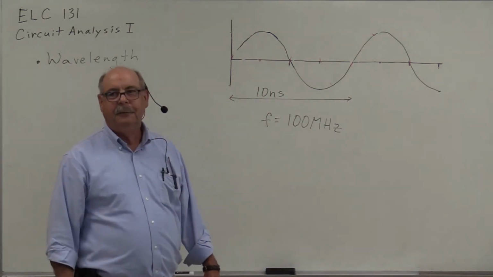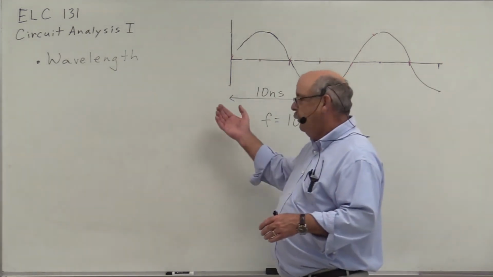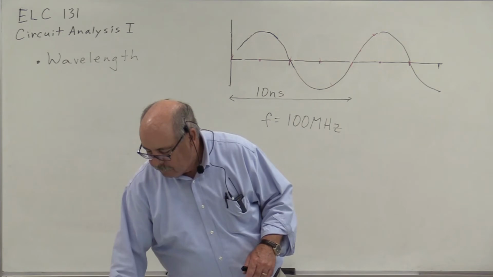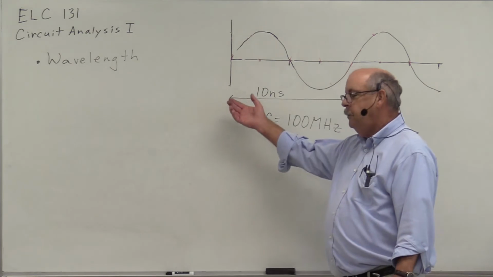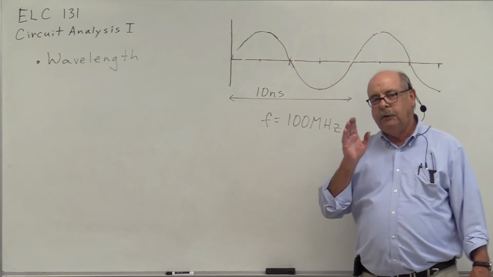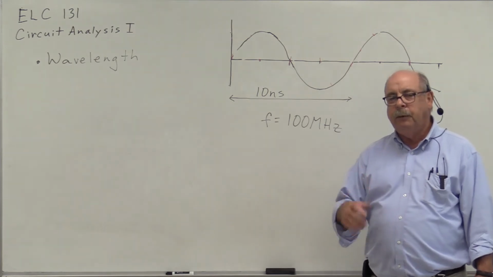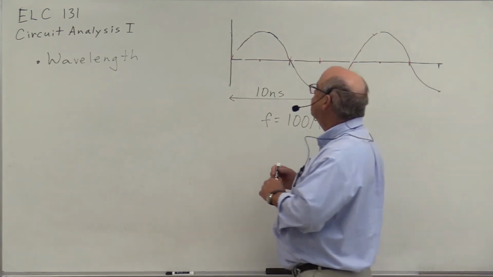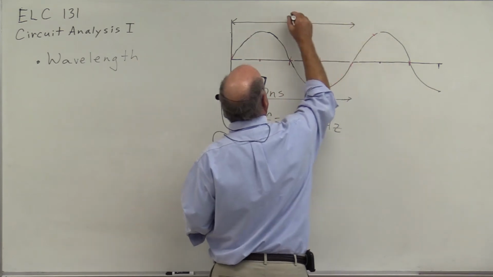So we know the time associated with one period of this waveform, but if I send this AC signal down a wire, or if I send this AC signal through space in the form of electromagnetic energy, what's the distance associated with one cycle of this waveform?